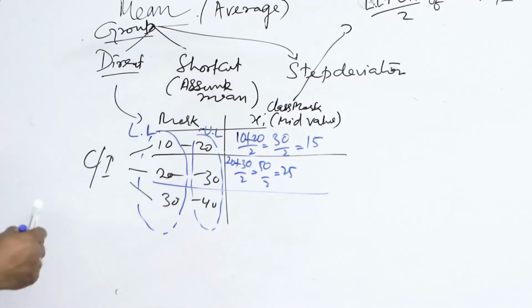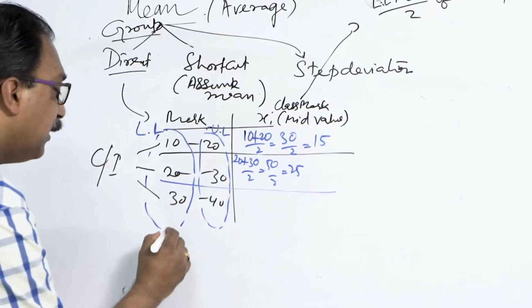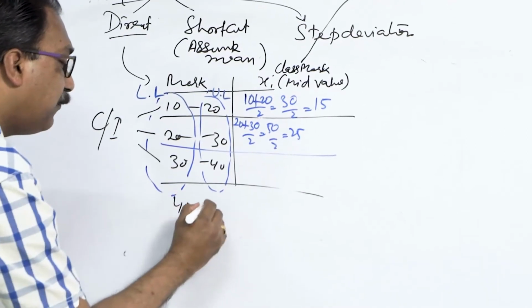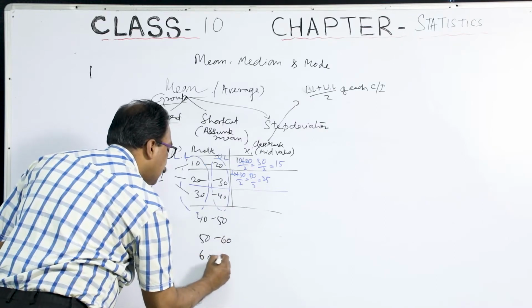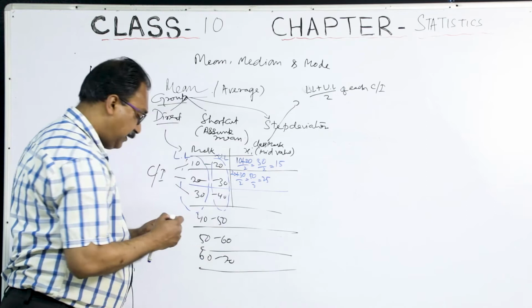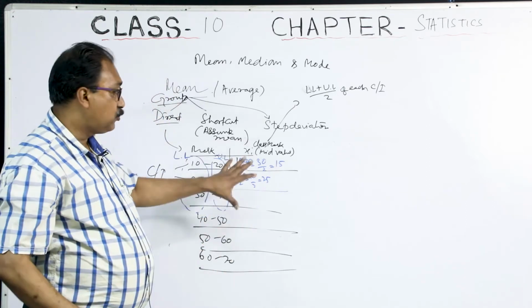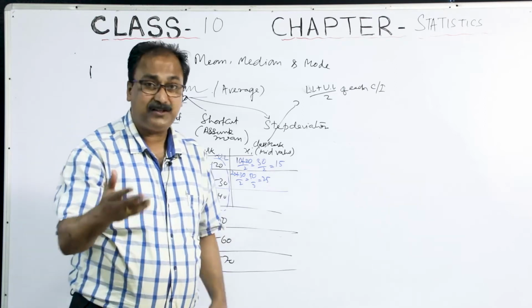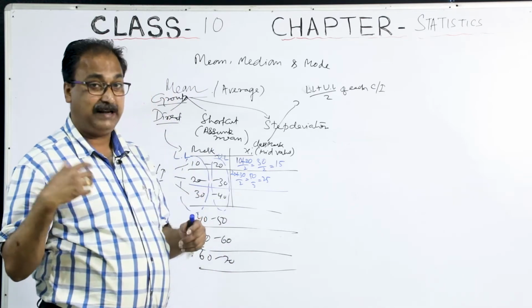Now, suppose we have 40 to 50, 50 to 60 and 60 to 70. Suppose this many class intervals we have. Now, if you do it like this, it will take time. If you spend that much time on one question, you cannot answer other questions. So we have to know some idea, we call tactics.